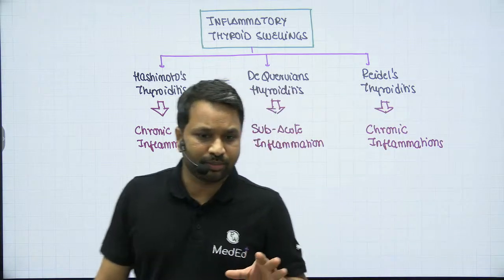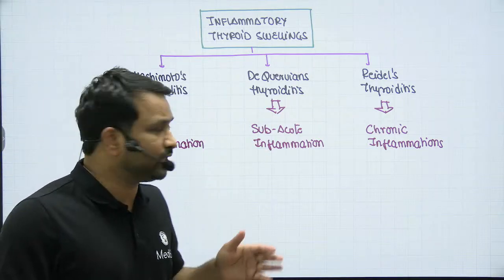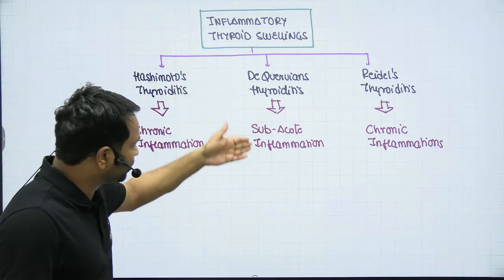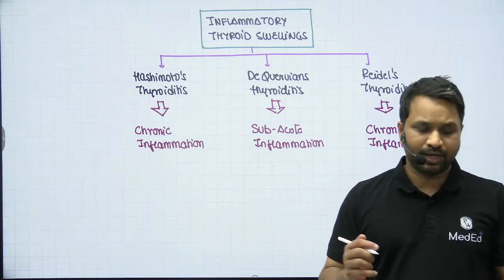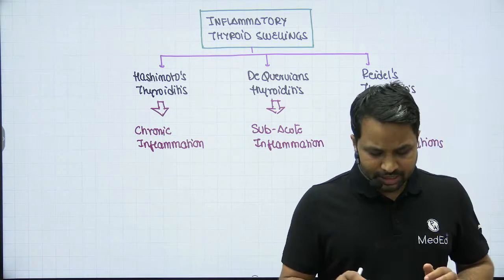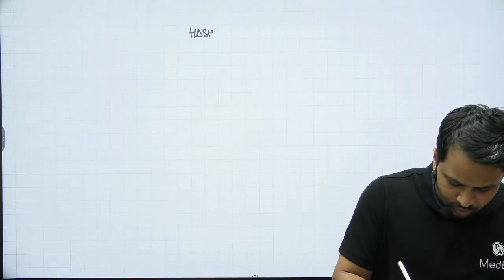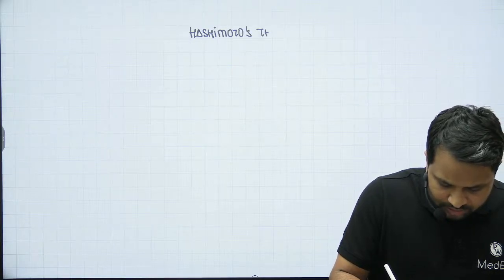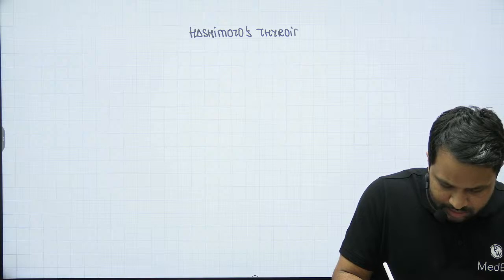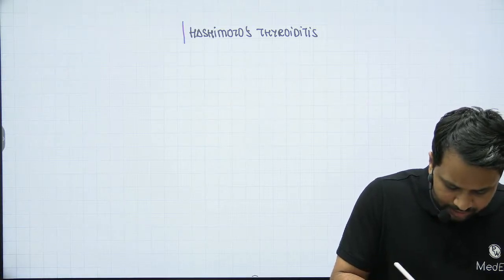But you need to remember that in terms of inflammation, Hashimoto's is chronic, Quervain's is subacute, and Riedel's is another example of chronic thyroiditis. We'll start with the first and foremost, Hashimoto's thyroiditis.